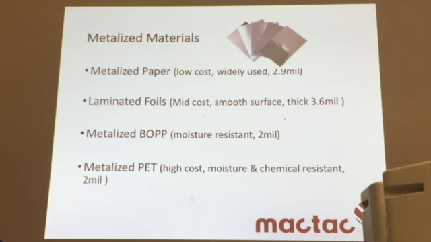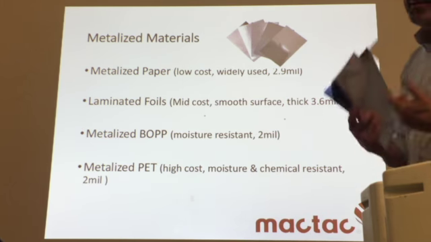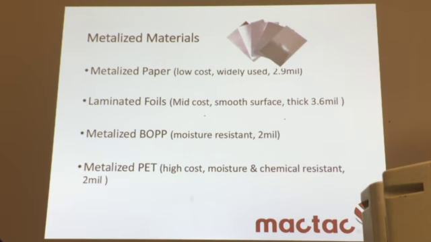Okay, so I want to talk a little bit about metallized papers, because this is an upsell. If a customer has semi-gloss or is using white BOPP and wants to add a little more sizzle to the labels, you could go with the metallized substrate. There are really three different metallized substrates that you can use.